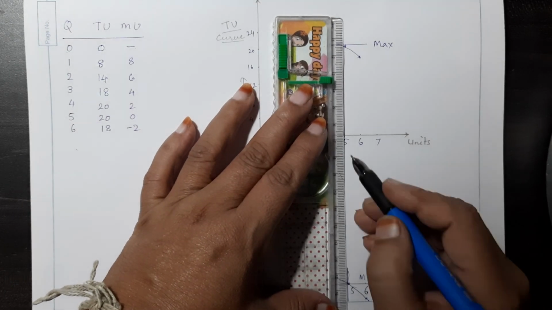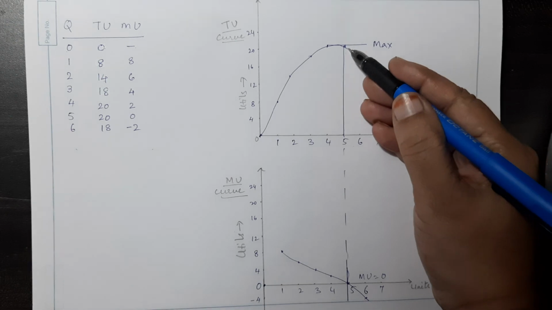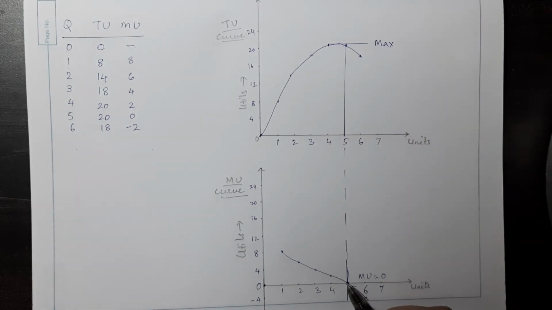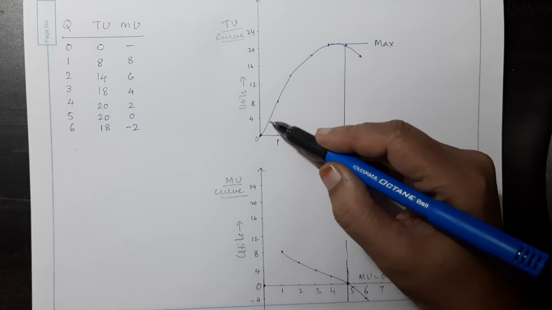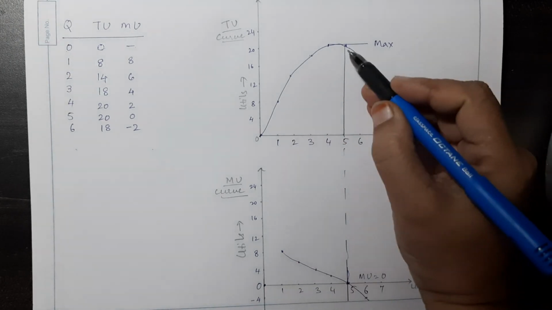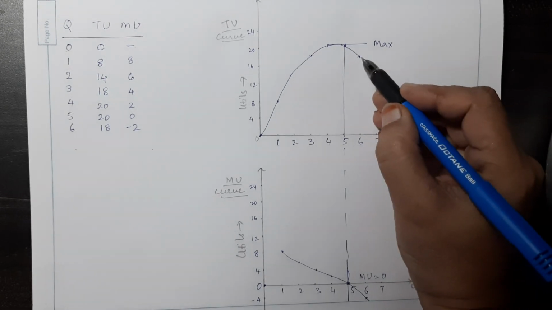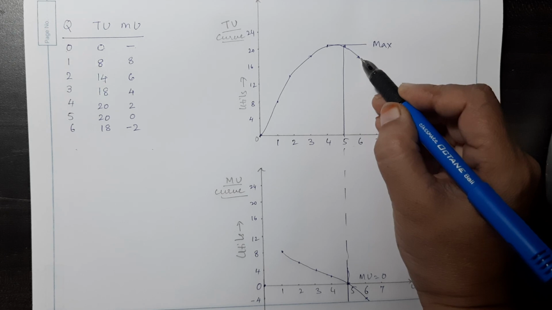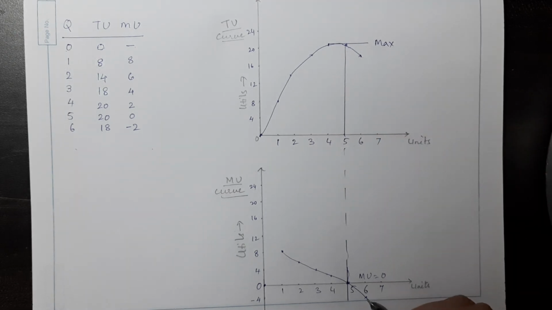So, the place where TU is maximum, MU is 0. So this is very important. And see, it's always on the rise. When it is on the rise, the MU is positive. And when it reaches its maximum, it is 0. And when it starts falling, then MU becomes negative.